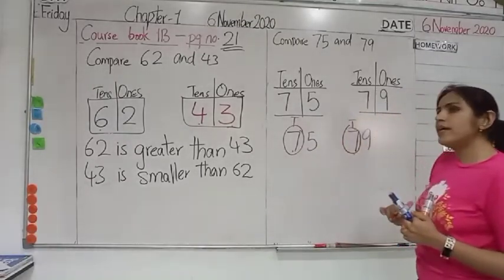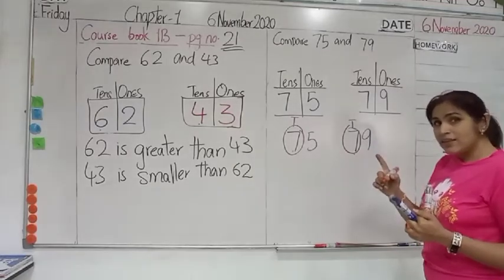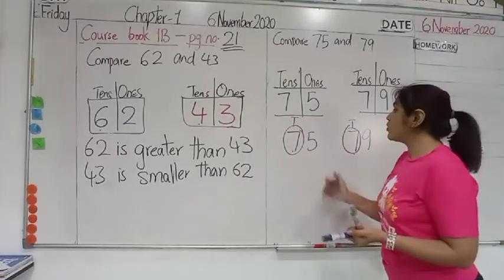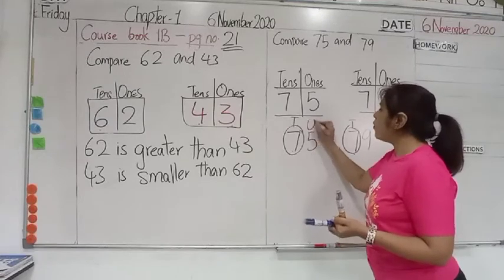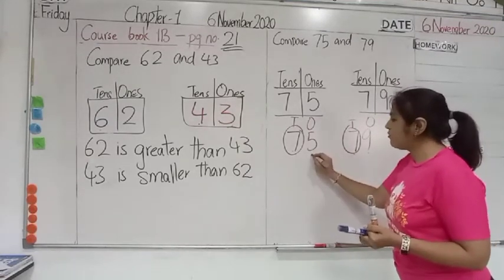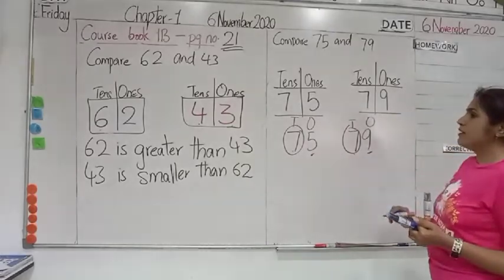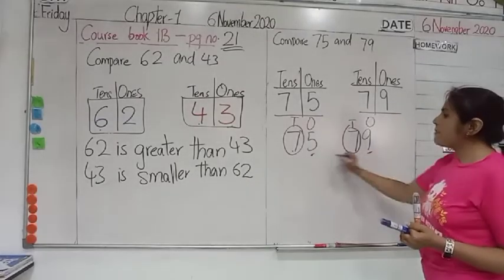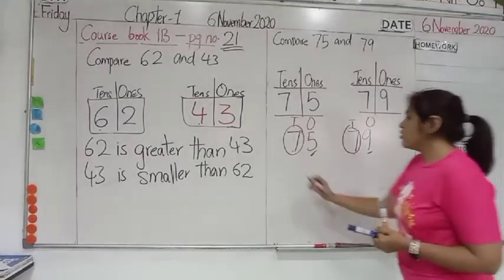So now what will I do? I'm very smart, and so are you. So you will hop on to ones place. Now you compare between 5 and 9. 9 is a greater number than 5.